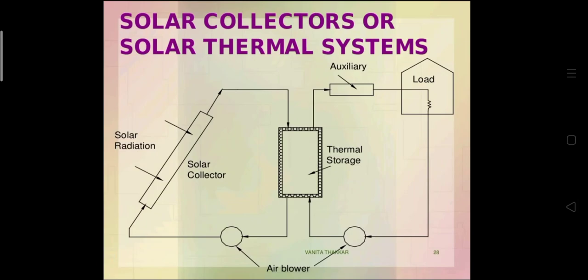So solar energy incident on the solar collector is collected, and the solar radiation is converted into thermal energy, and the thermal energy is stored in the storage device, and this stored thermal energy is converted into electrical energy that is connected to the load resistance, and using this voltmeter we get electrical energy from this solar collector. That is the working of this solar thermal system.